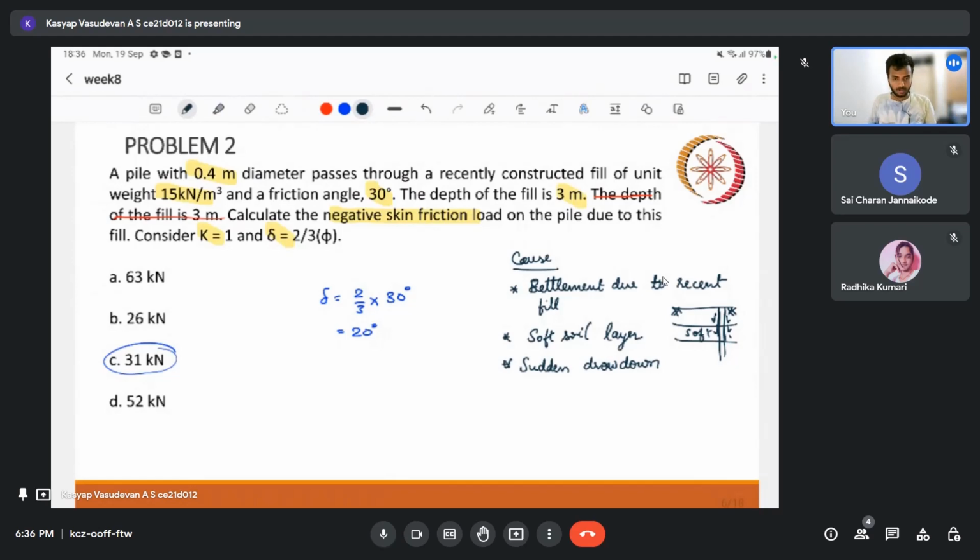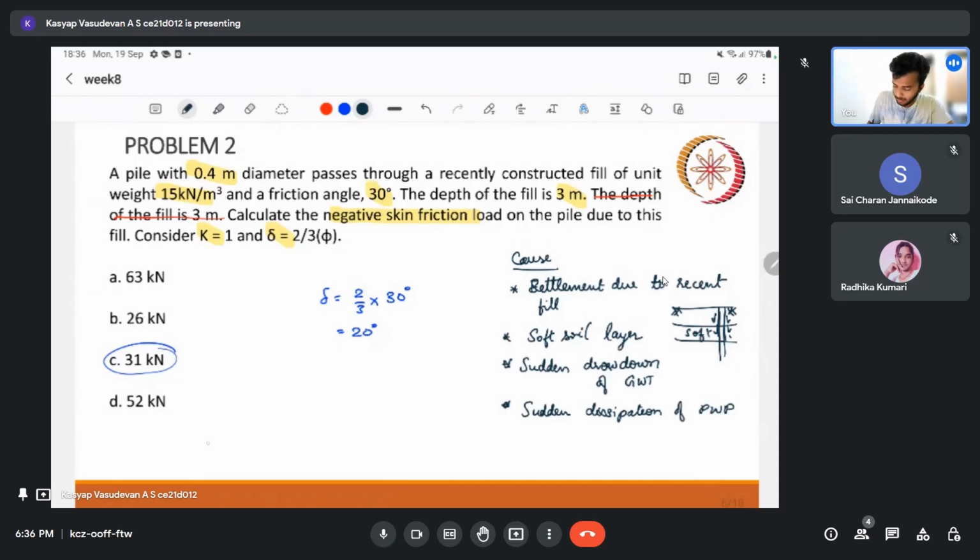So that will contribute to settlement, and if that settlement is faster, it can contribute to negative skin friction. And also it can be sudden dissipation of pore water pressure, that is also possible.